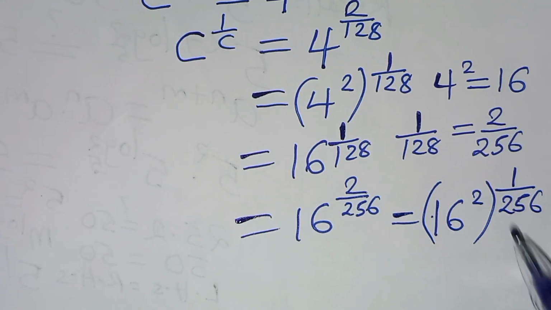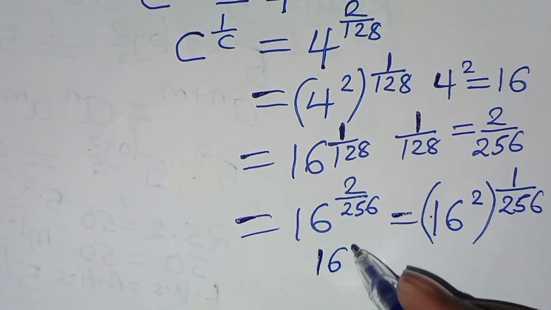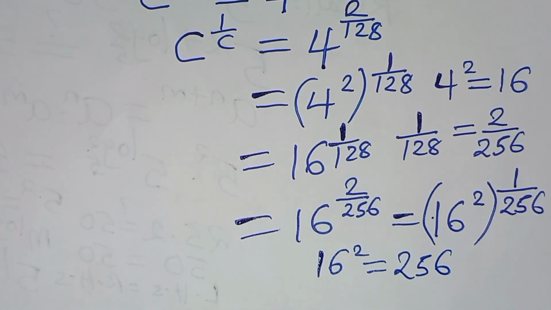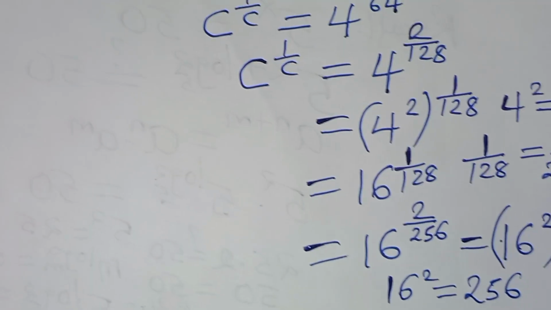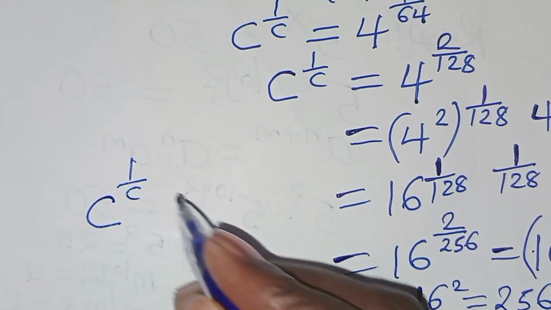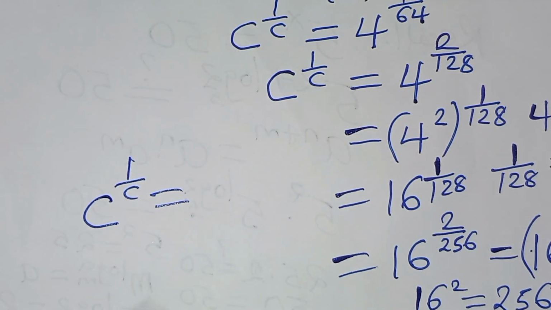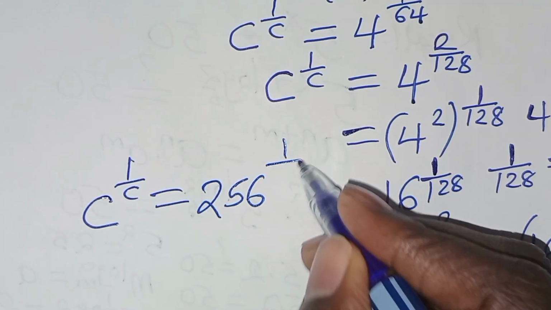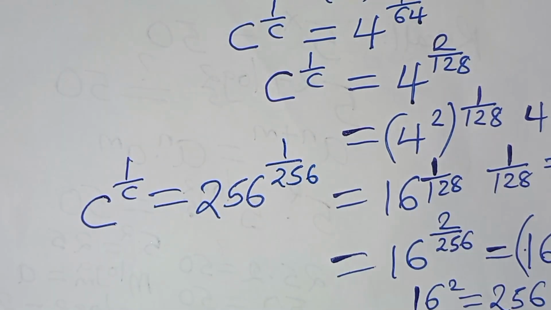The next step here, we have that 16 squared is equal to 256. So this implies that c to power 1 over c is equal to 256 raised to power 1 over 256.